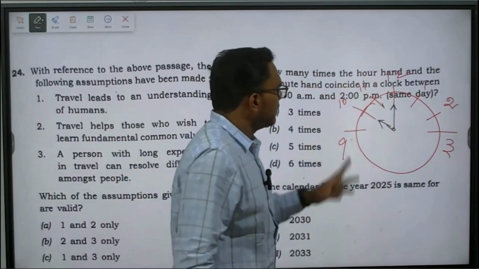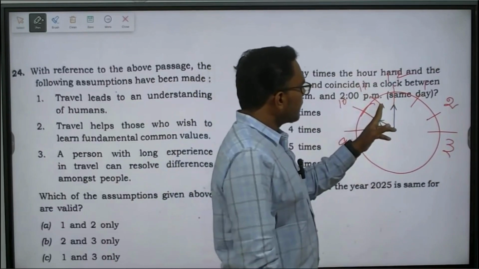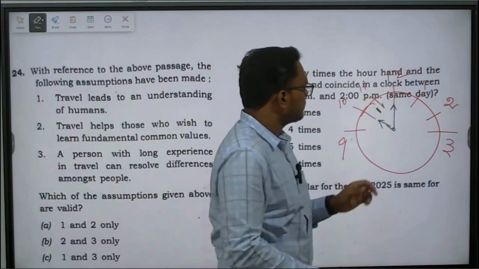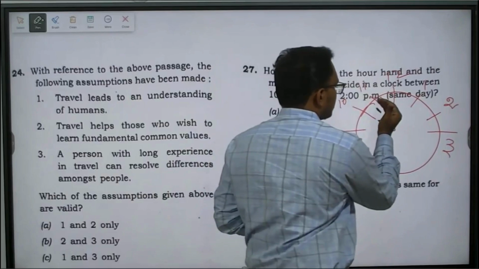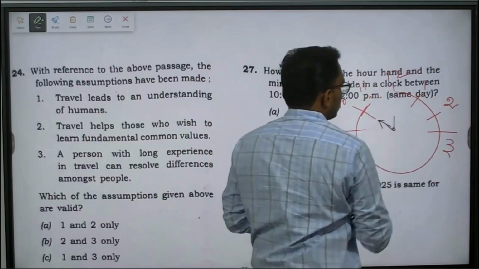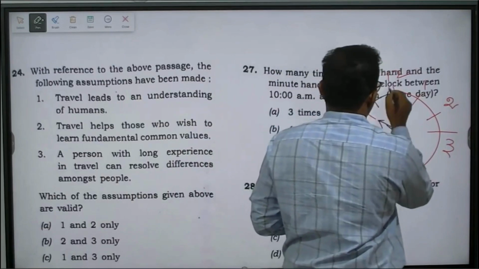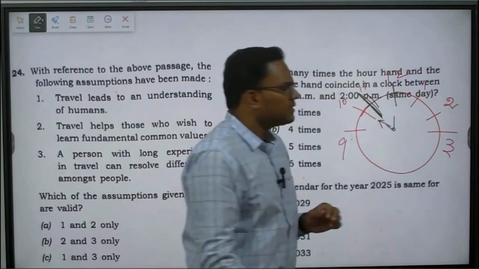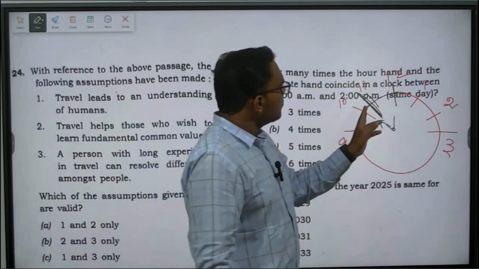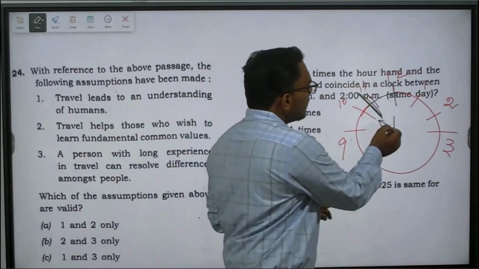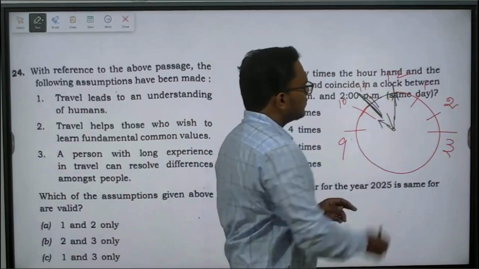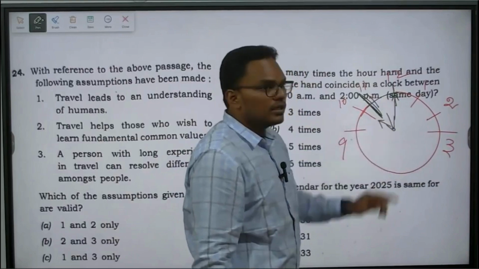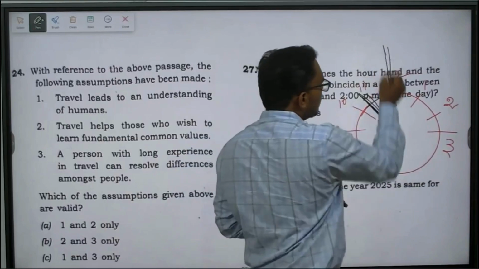Next, the hour hand will be here and your minute hand will come here, so for 11 o'clock. After 11 o'clock, it will meet straight away at 12 only. So here, it will meet for the second time.